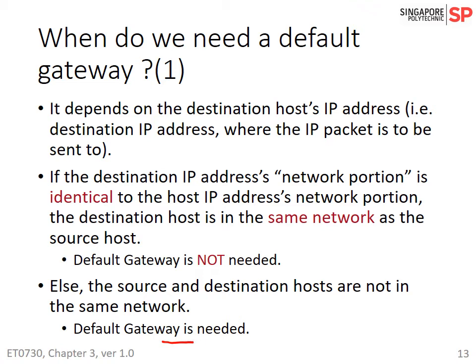The default gateway will be needed if the source host needs to send a packet to a destination which is not in the same network. But if the destination is in the same network as the source, then we do not need a default gateway. The default gateway will not be needed.